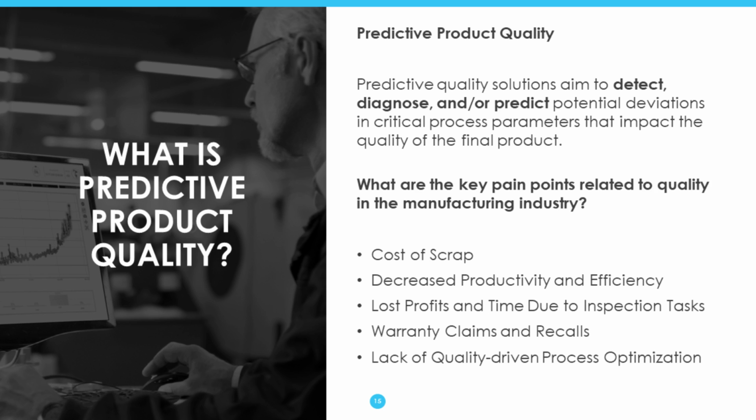It detects deviations, it diagnoses quality issues, and it predicts potential deviations in your critical process parameters, which are usually your machine and ambient condition parameters, and how they impact the final product quality that you're producing on that machine. So we talked about cost of scrap. The power of 1%, a fractional reduction in scrap, is significant for the business.